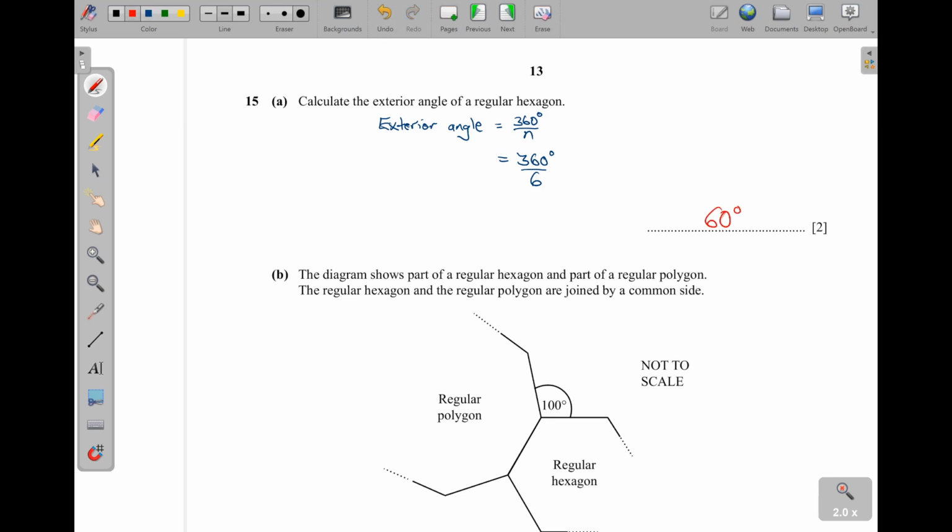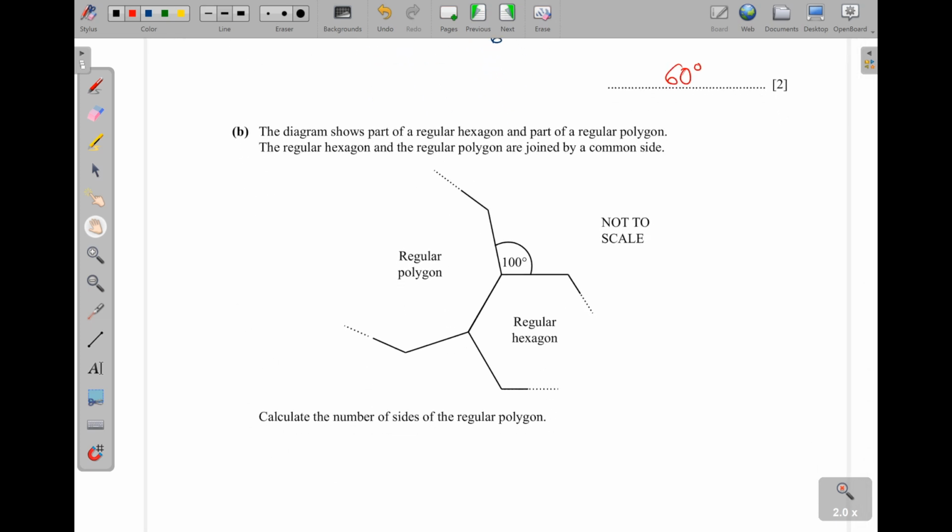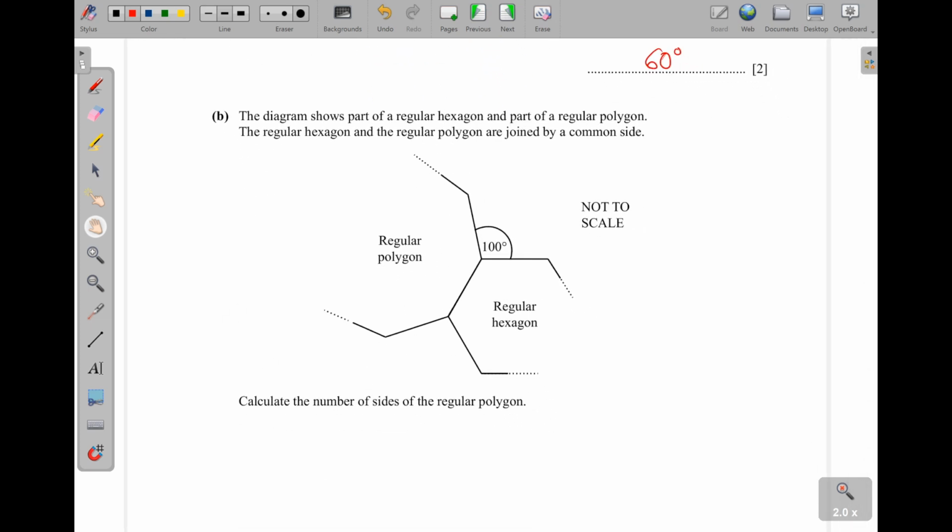Then next, part B, the diagram shows part of a regular hexagon and part of a regular polygon. The regular hexagon and the regular polygon are joined by a common side, and they are asking us to find the number of sides of the regular polygon. Now, for the regular hexagon, we need to get the interior angle here. But remember, we have found the exterior angle, so for any polygon, we have the interior angle and then the exterior angle.